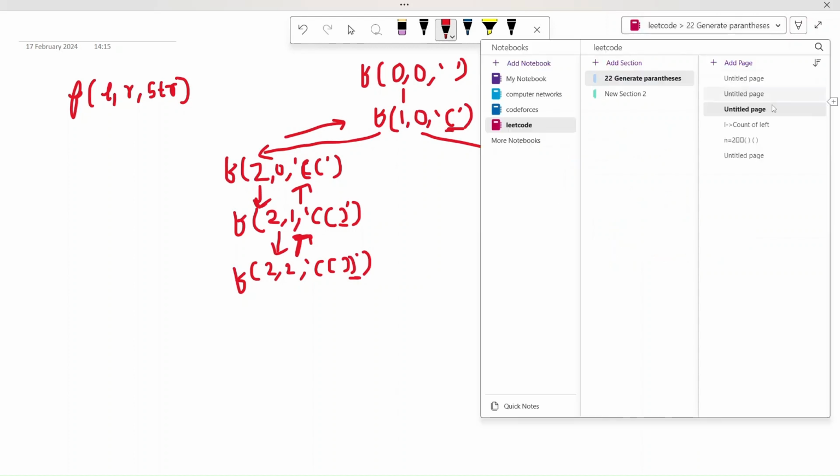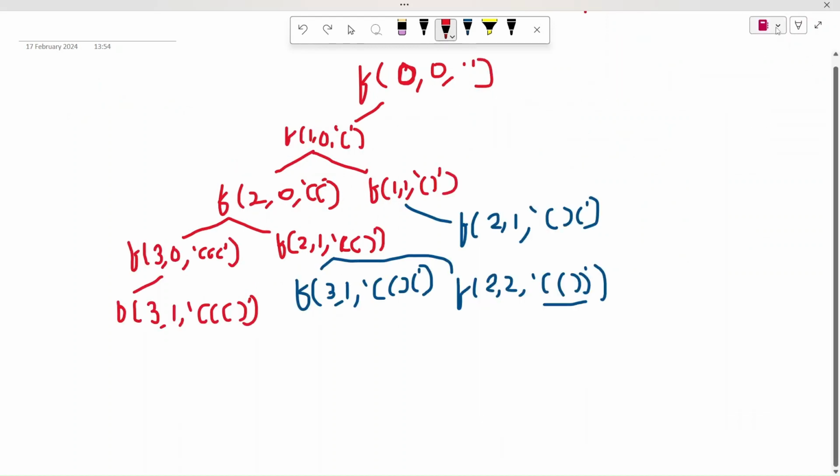I've also done the dry run for n equal to 3. I have tried to explain this, but here it was getting messed up, so you can skip it and go to the further part where I have written the code. Here I have one possibility, L equal to R, so I inserted left.